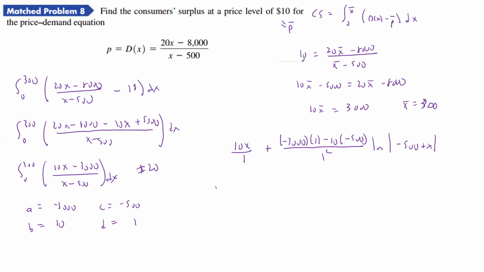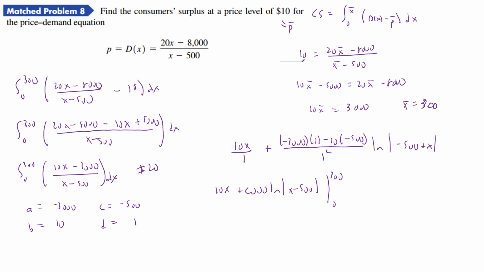This gives me 10x, and then 5,000 minus 3,000, so plus 2,000 ln of x minus 500, evaluated from 0 to 300. That makes it a lot simpler.